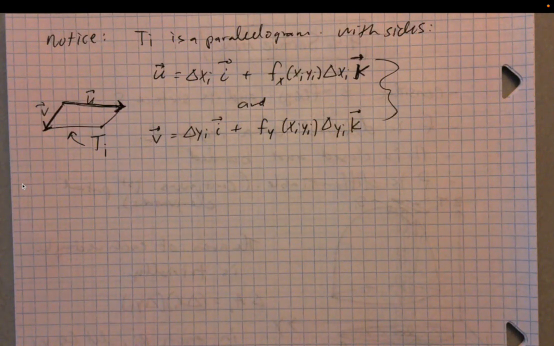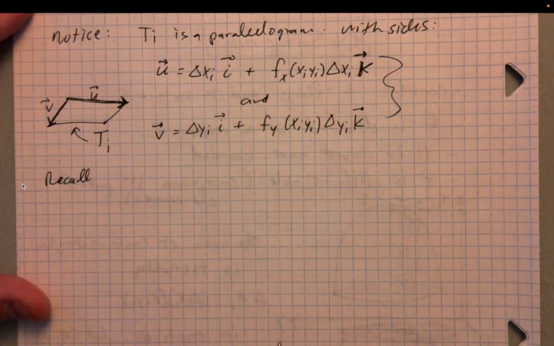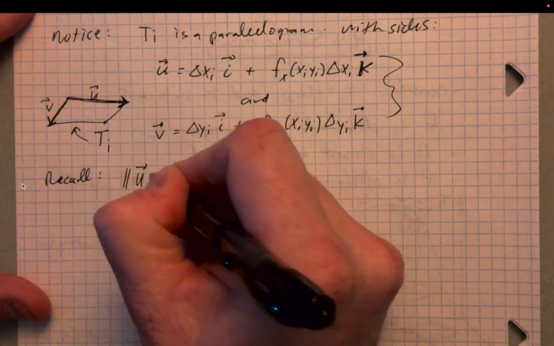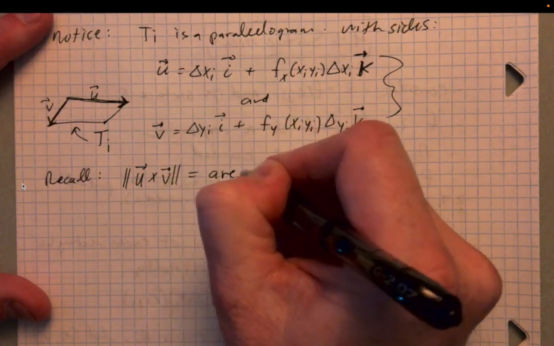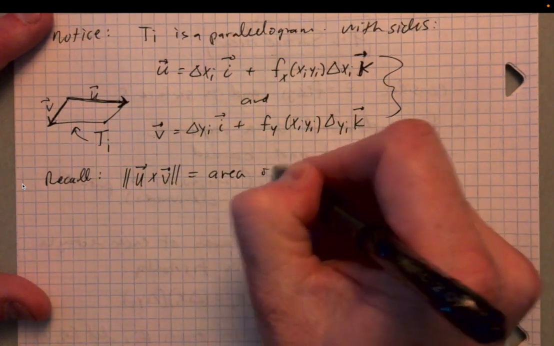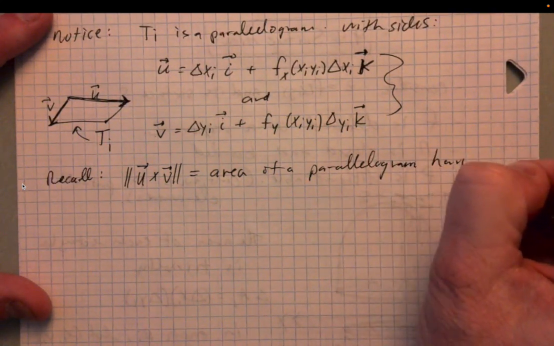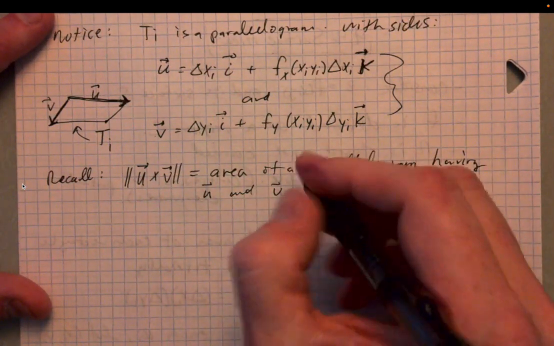Okay, and so if we think back to an earlier chapter when we were talking about the cross product, we should recall that we can use the cross product to calculate the area of a parallelogram if we know the adjacent sides. In particular, the norm of the cross product of two vectors will be equal to the area of a parallelogram having U and V as adjacent sides.